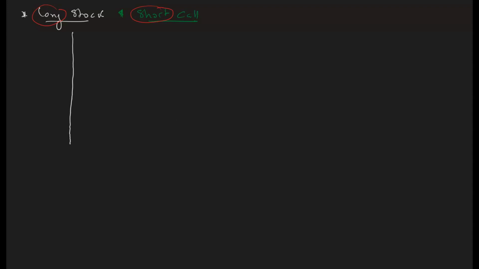So let's have a diagram here and try to understand what this is. If I have a long position in the stock, let's say I'm buying the stock here. That's where I'm buying the stock. Let's call that S0. This is the stock price, and this is the profit from this position.